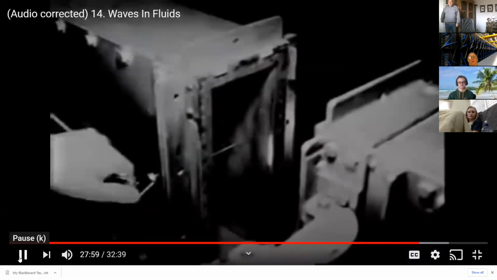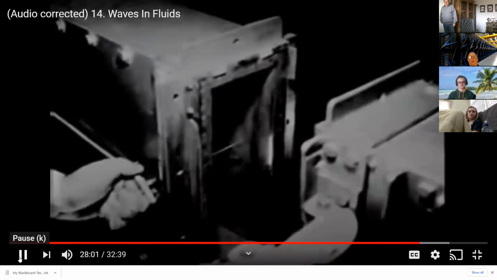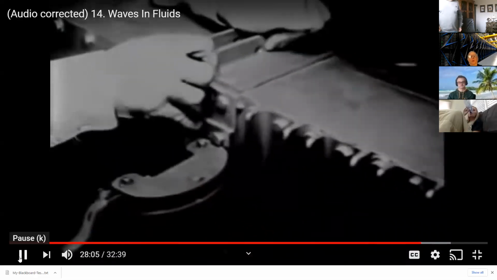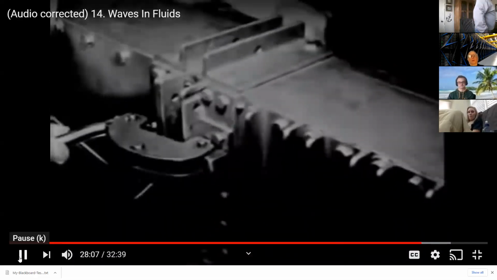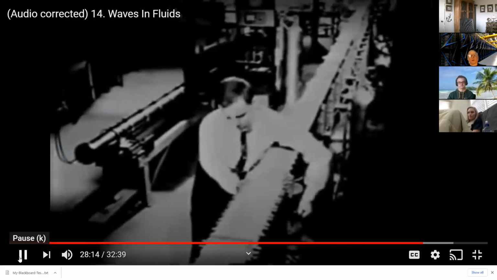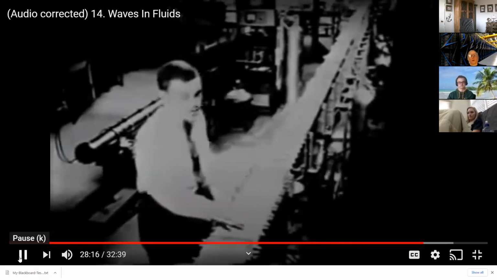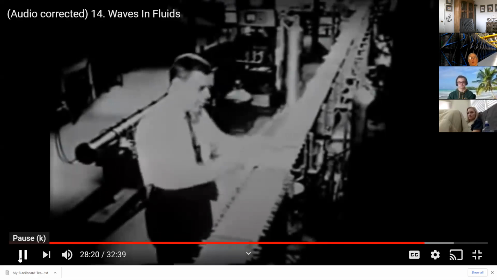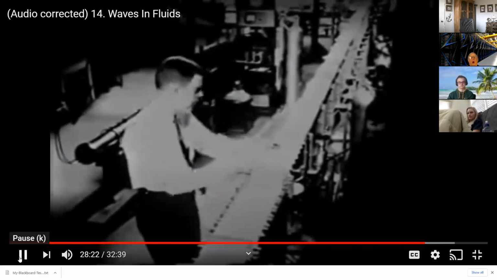We break it with a knife like this. So with high pressure gas on this side and low pressure gas on this side, when we break the diaphragm, we create a shock wave which moves at supersonic speed down the tube.